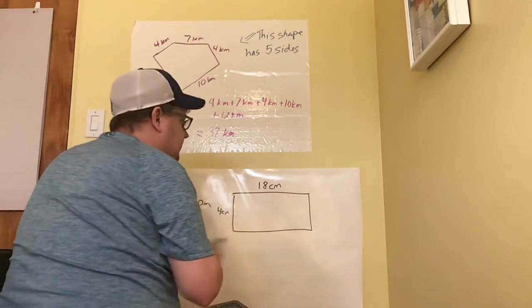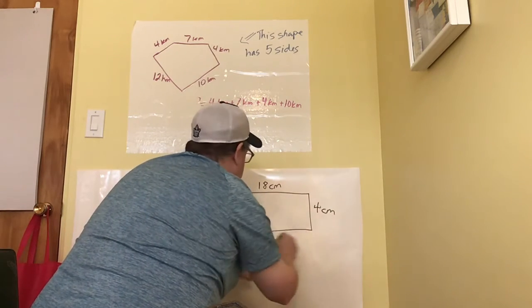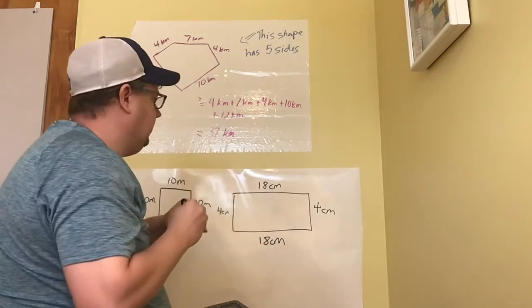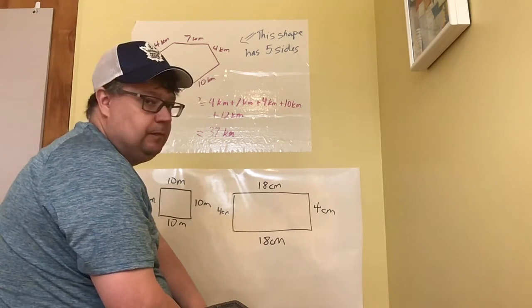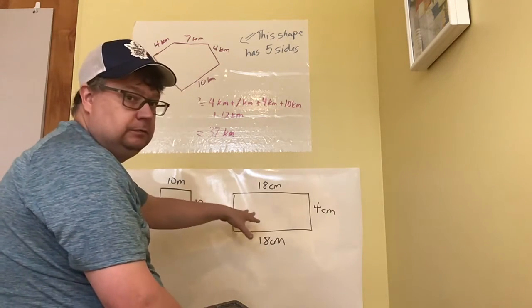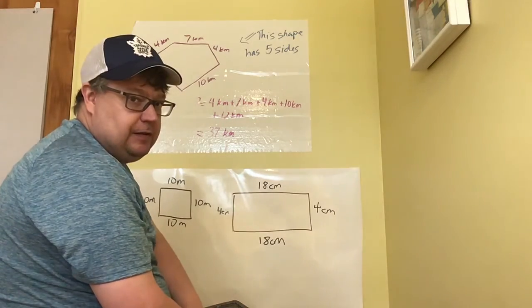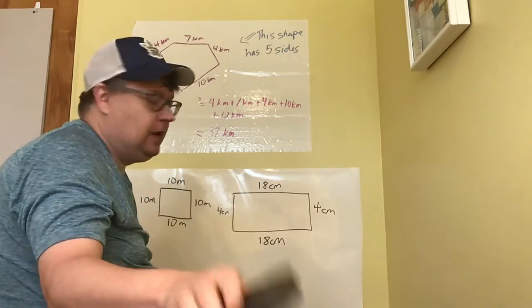I know opposite sides are equal, so I can fill in the missing side lengths, and then I could add all the sides together. So using your kindergarten, preschool knowledge of shapes, you can be able to create perimeter. Okay?